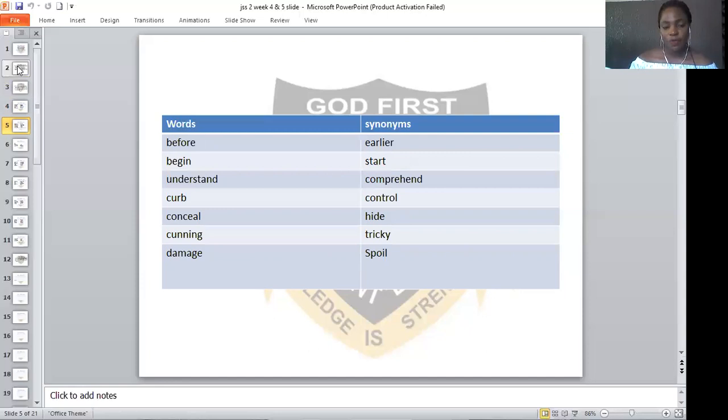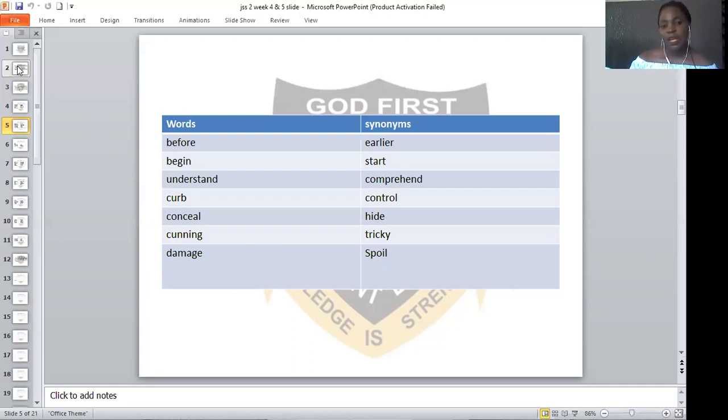Understand. When you tell someone I understand this thing, that means I comprehend it. So the synonym for understand is comprehend. Curb. What does it mean to curb something? To control. Conceal. When you want to conceal information, it means to hide.